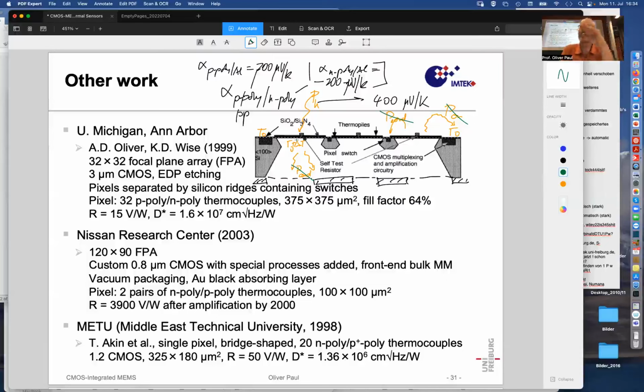Black gold is a sufficiently thin layer in which infrared radiation of the wavelength that is being measured here, 10 micrometers, does some internal reflection, and then there is optimal absorption.